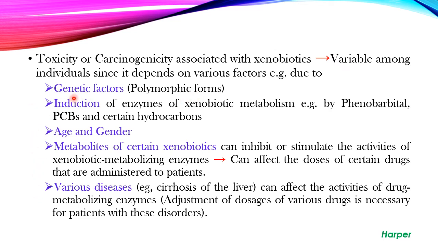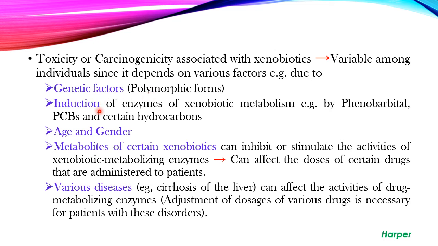For example, if individuals have polymorphic or genetically modified forms of xenobiotic metabolizing enzymes, their behavior towards xenobiotic metabolism would be different. For example, we have seen the example of acetylation today, that there may be slow acetylators or fast acetylators due to polymorphism in the acetyl transferase enzyme.